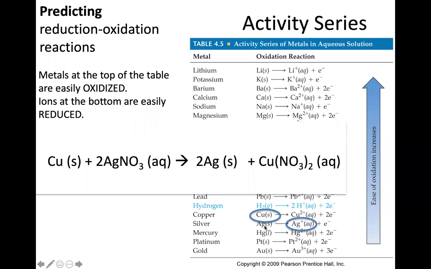With the activity series, we always are going to have that switch take place. The species above it, if it can be oxidized because you have ions below it that can be reduced, then the reaction takes place. That's consistent here with what we just saw in this example.